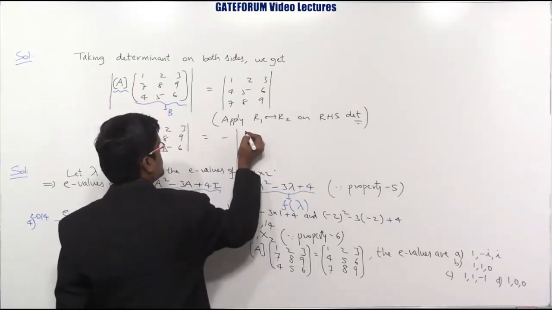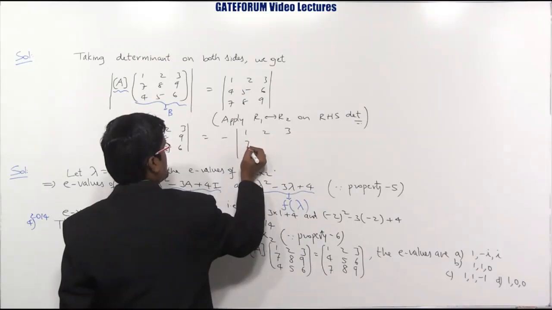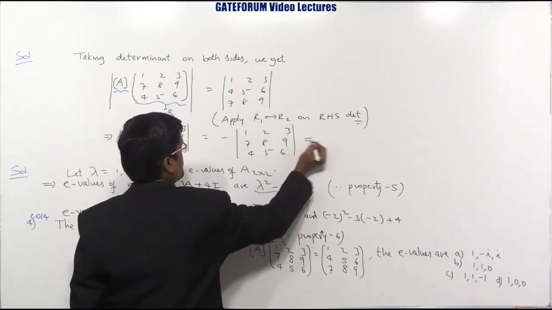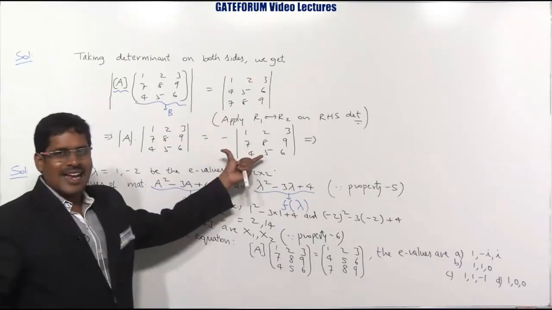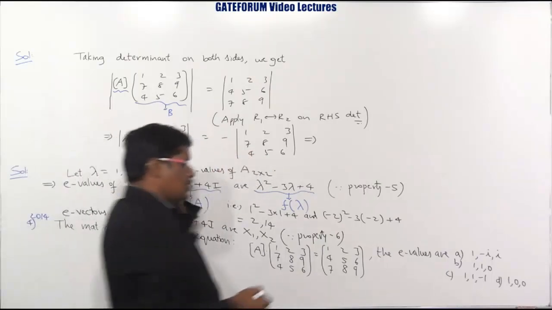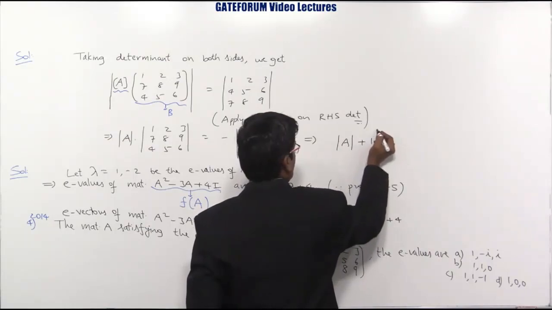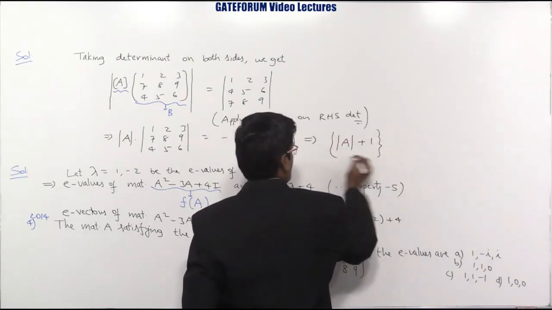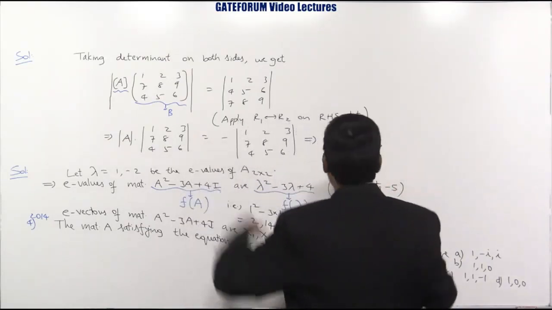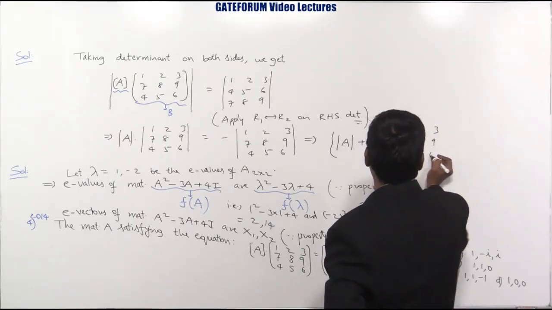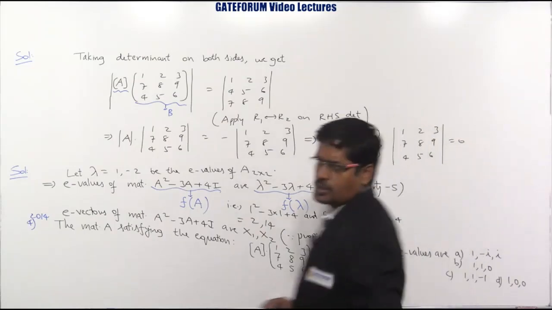So plus becomes minus into determinant 1, 2, 3, 7, 8, 9, 4, 5, 6. Shift this right hand side negative determinant to the left side. You will get det A plus 1, after taking the common determinant 1, 2, 3, 7, 8, 9, 4, 5, 6, is equal to 0.